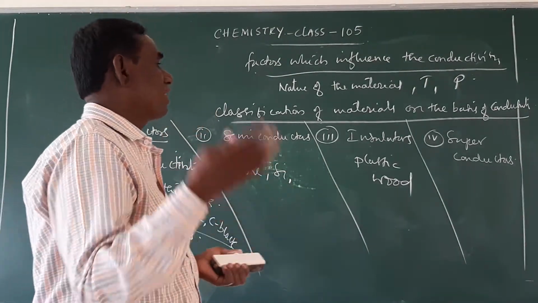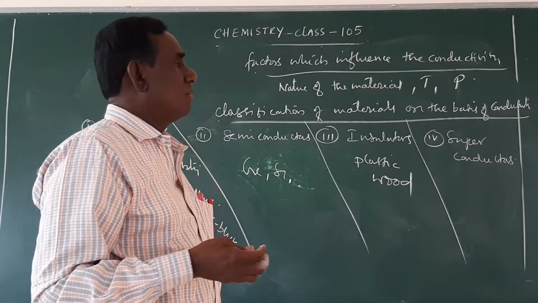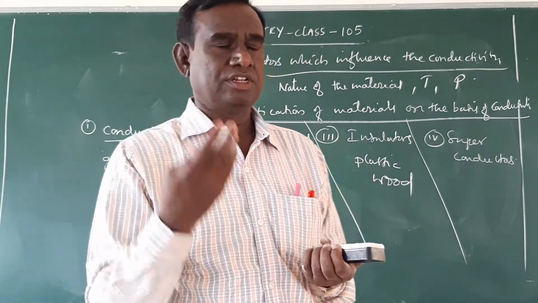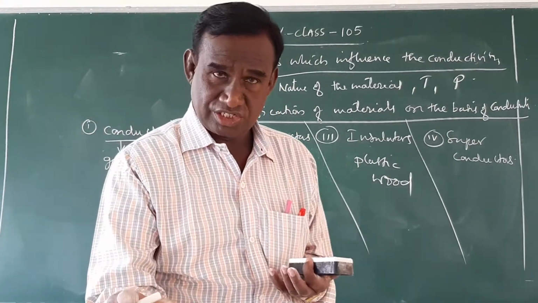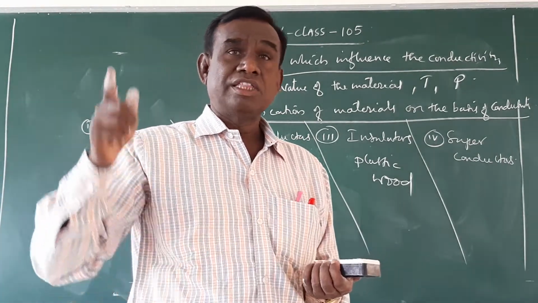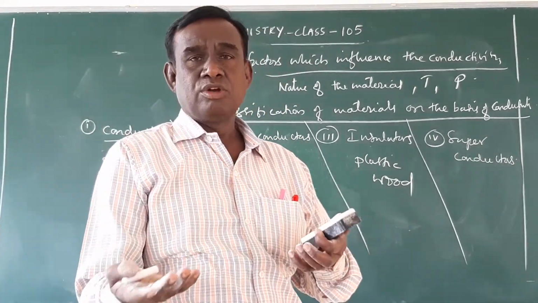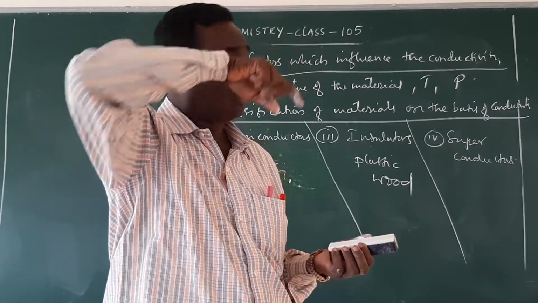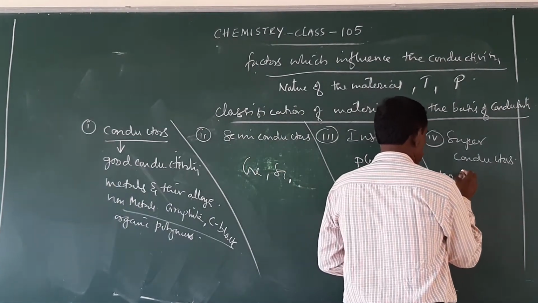After that, superconductors. The superconductors are the substances which do not offer any resistance for the passage of electricity. That means they offer no resistance for the flow of charges, or they exhibit high conductivity, or no resistance for the flow of current.